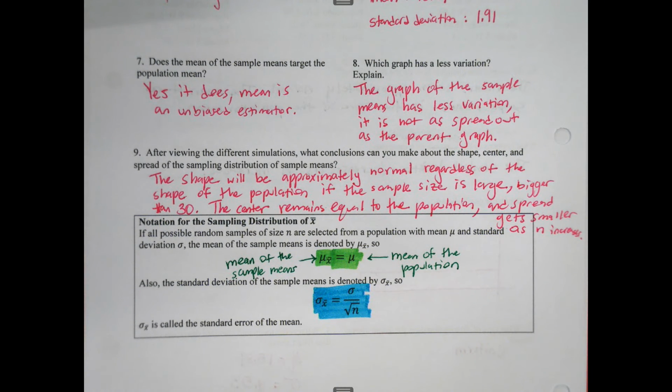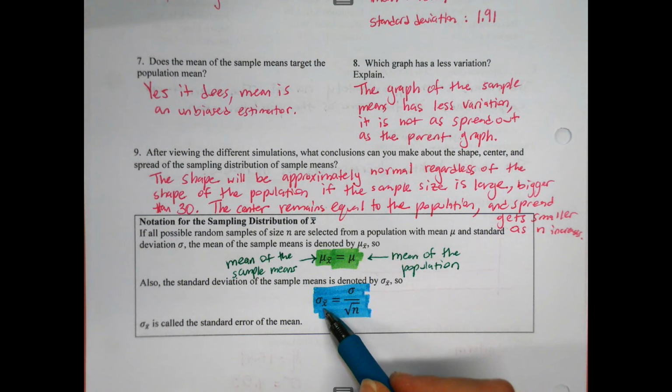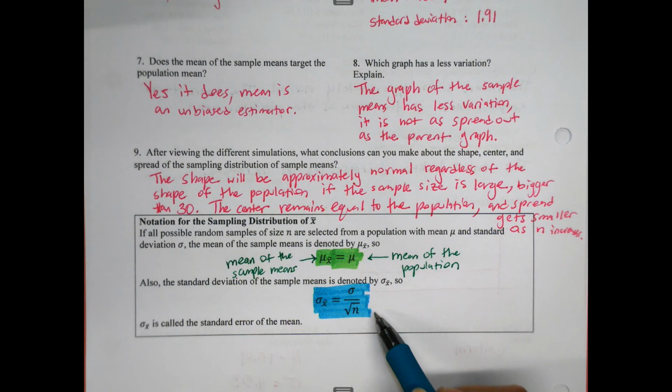And we call that the standard error of the mean. Sigma sub x bar is called the standard error of the mean.